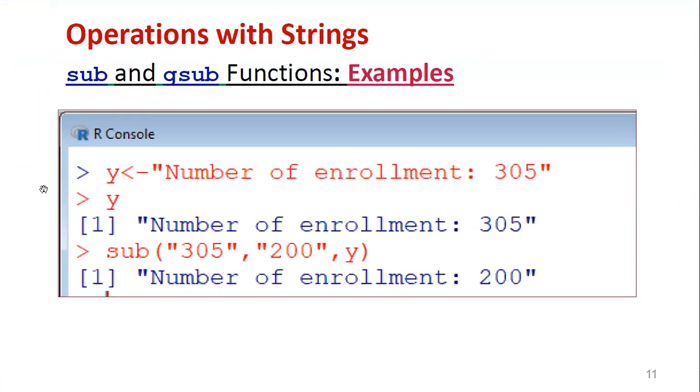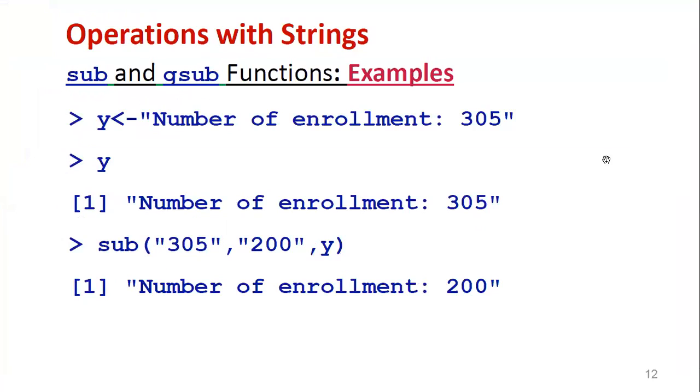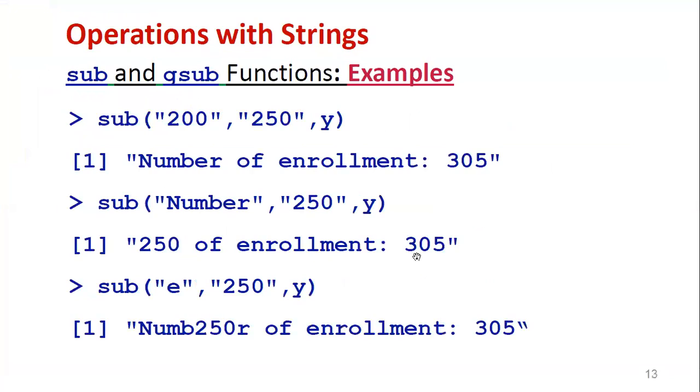Sub will replace only the first match. So, another example, number of enrollment, that same example, 305. So use 305 by 200. Now here you can see other examples.